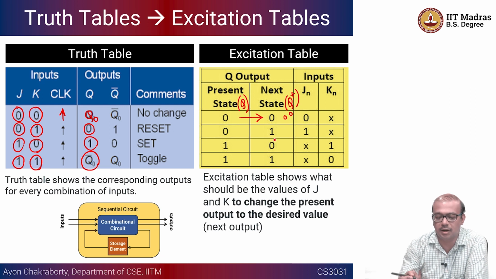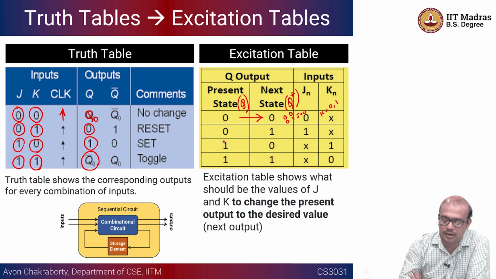But now you can also argue that I don't care what the present state is. The next state is anyway 0, which basically means that I am resetting the circuit. So if I want to reset the circuit, J is equal to 0 and K equal to 1. And that is the reason we have no dependency on K, but the dependency is only on J. So J is equal to 0, whereas K equal to 0 is also fine, 1 is also fine, which basically means that K becomes don't care. So 0 to 0 is going to be 0X.